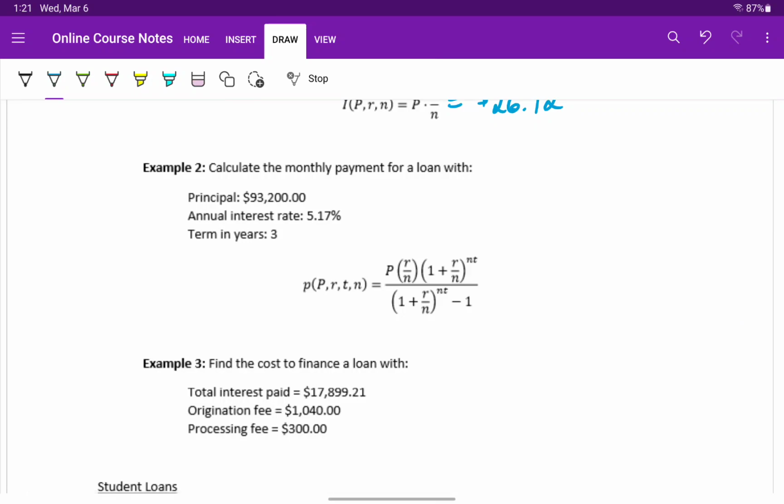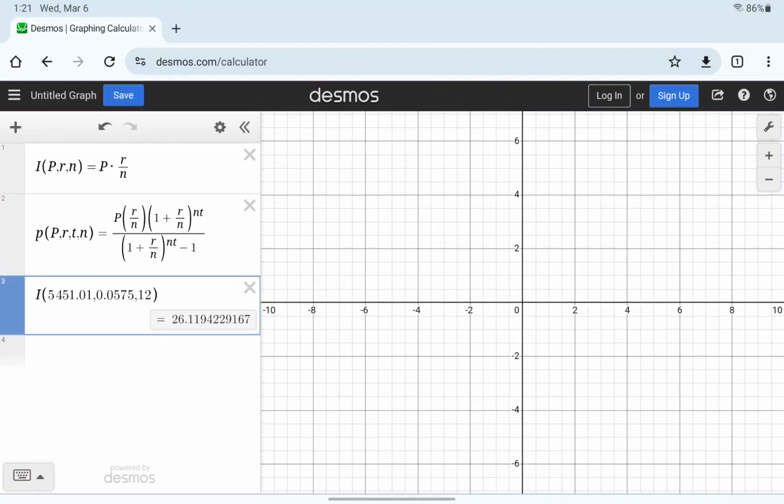In example 2, now we want to calculate the monthly payment. So that would be the amount that we're paying towards interest and the principal, with some given initial conditions here. I've already got that formula set up in Desmos as well.